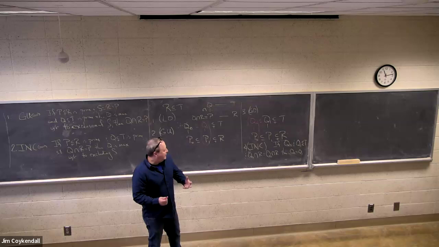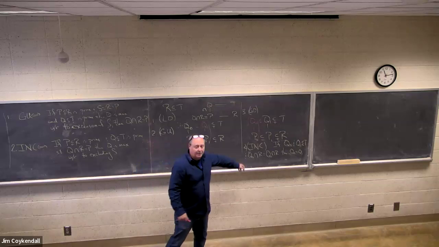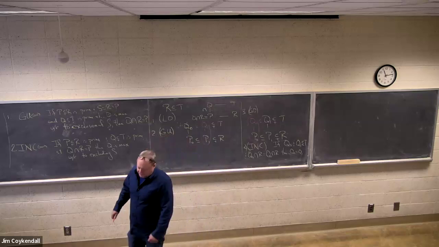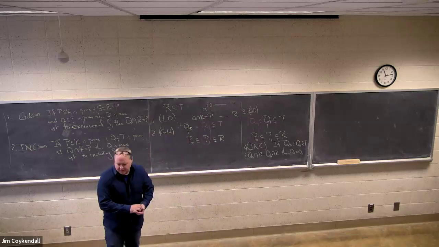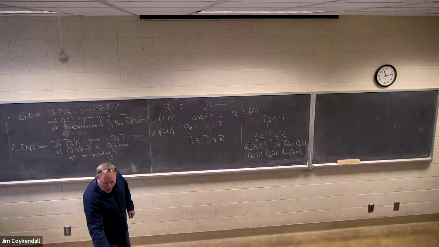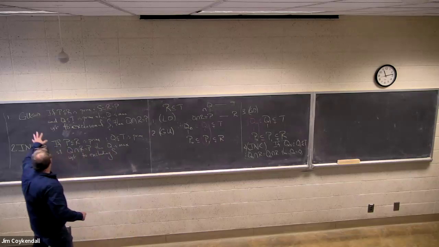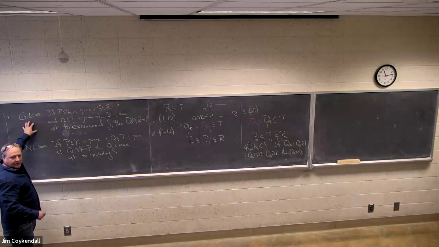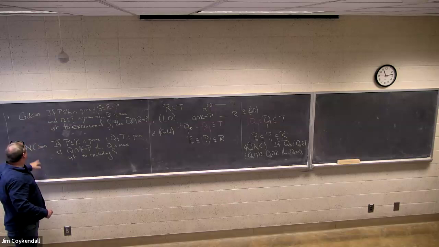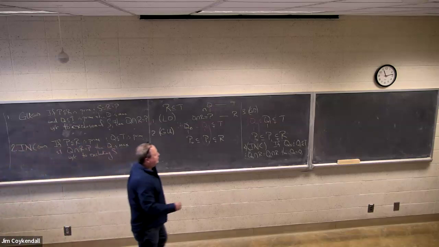That is, if two distinct primes lie over the same prime down below, then they have to be incomparable. Okay, so last time we proved this, and I promise we prove this one this time.